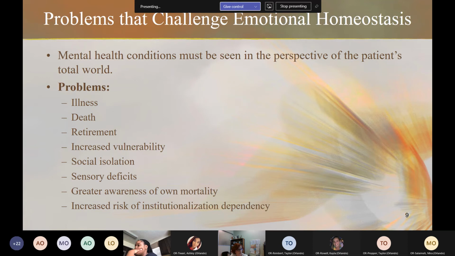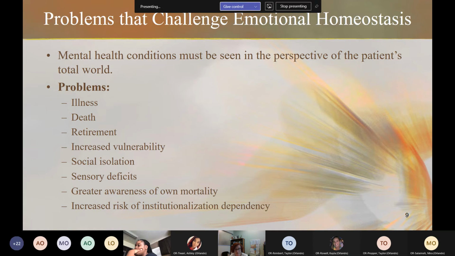There are some mental health challenges, of course, for our patients in general. And you can see the problems here. Illness can cause a lot of major issues with our patients, their physical state. Death of a family member or a spouse or a lifelong companion can actually change the mental health status of an older person.